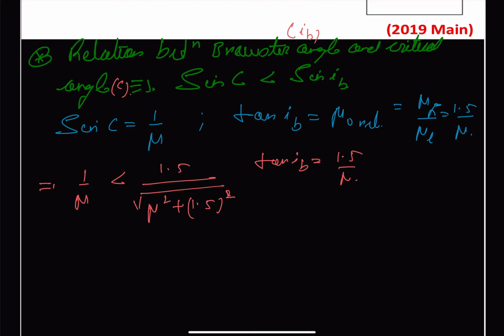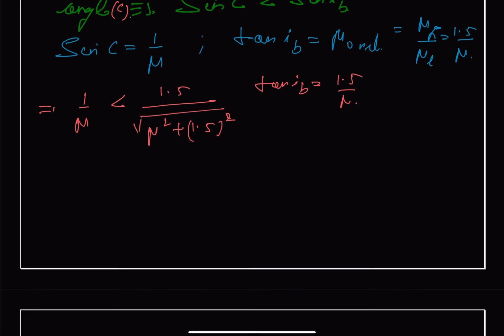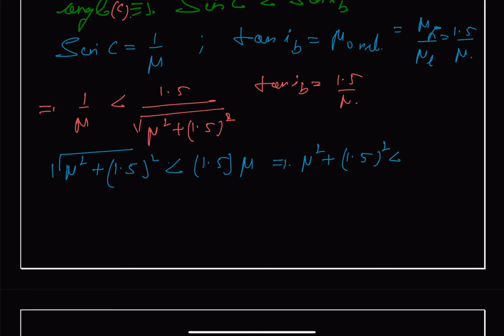And this we can sort out, and we can write that the square root of mu square plus 1.5 whole square is less than 1.5 times mu, and if we square both sides we get mu square plus 1.5 whole square less than 1.5 whole square times mu square, and mu square we can take as common.